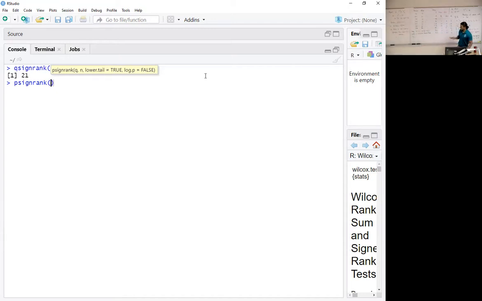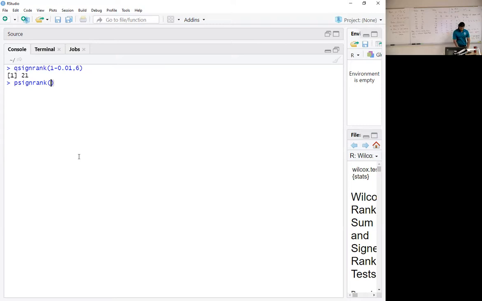By default, R is going to give you the area below. That's just how it is. Unless you turn on lower.tail equal to false. I don't want to confuse you with all that.